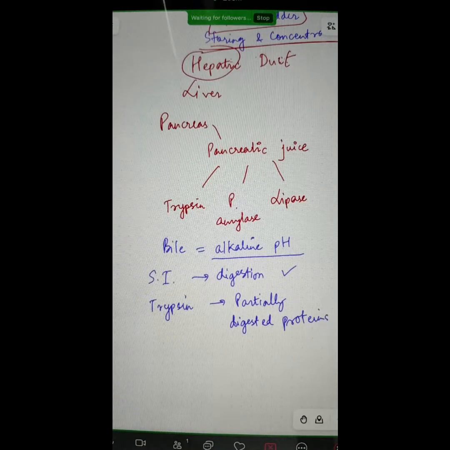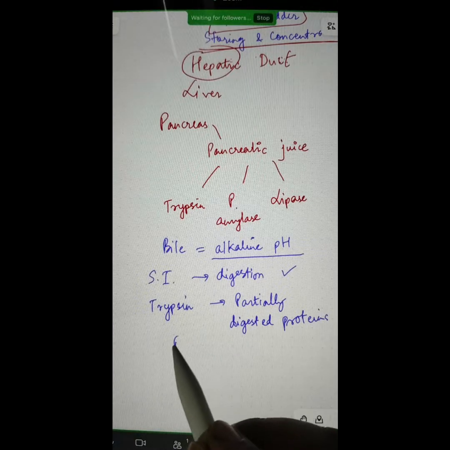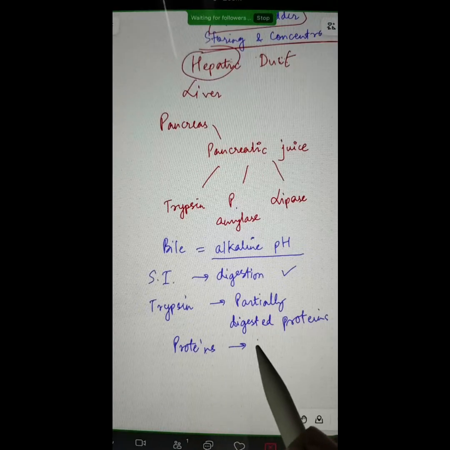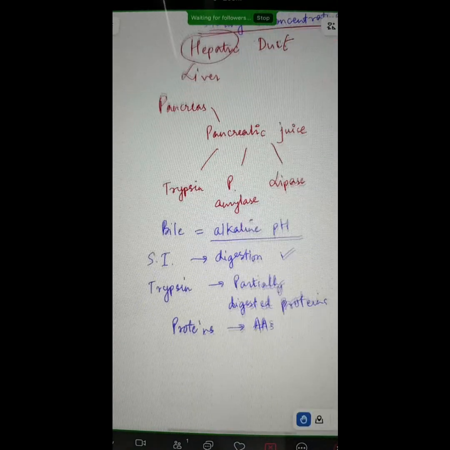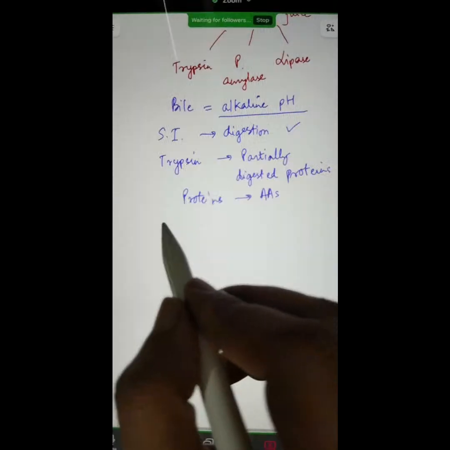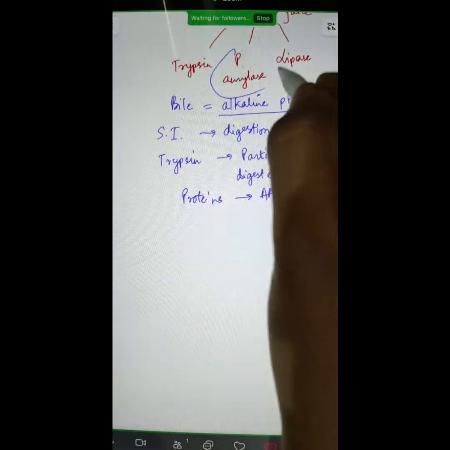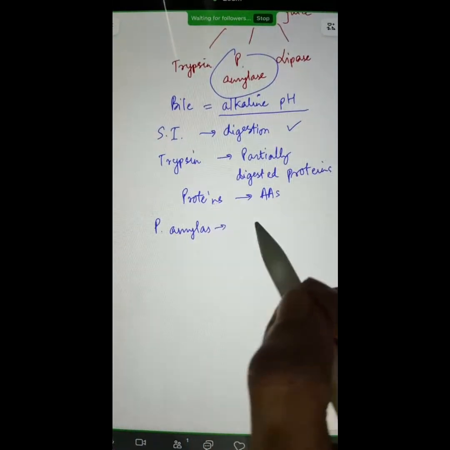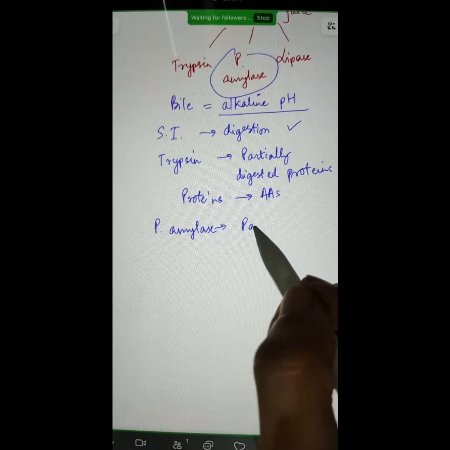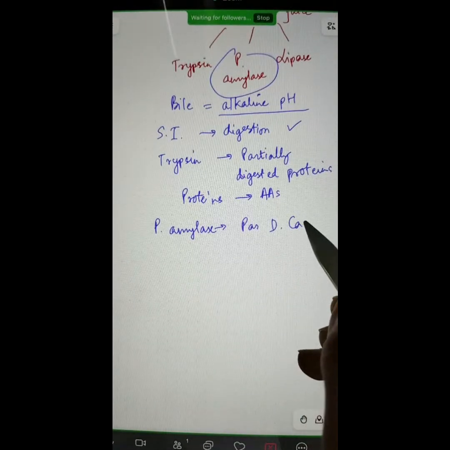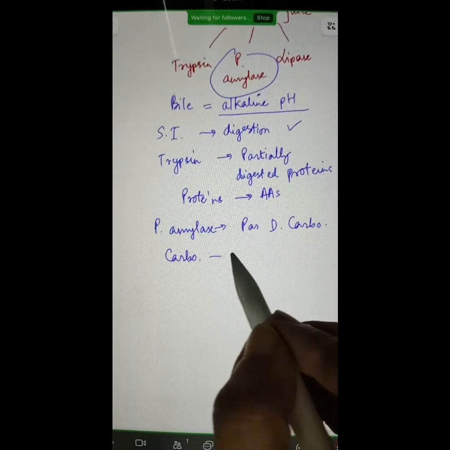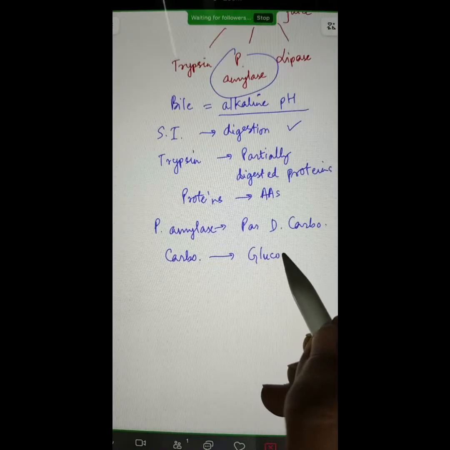So partially digested proteins will now be acted upon by the trypsin, and finally the proteins will be converted into the amino acids. Right? Now, another enzyme, this pancreatic amylase will be acting upon the partially digested carbohydrates. And as a result, all the polymers that we have eaten will be getting converted into glucose.